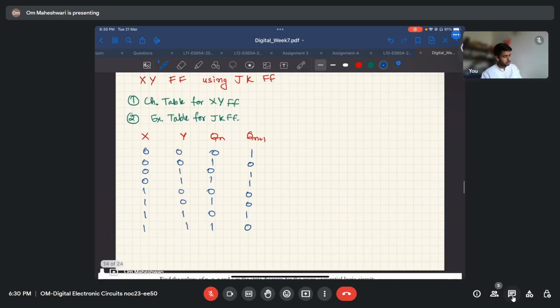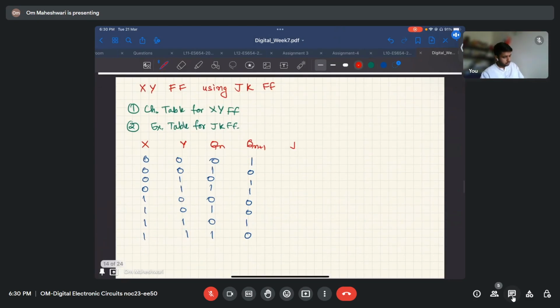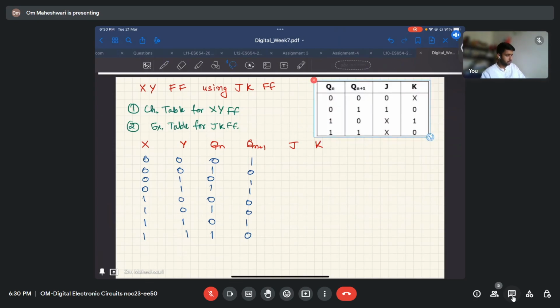Okay. Now we have to make the characteristic excitation table for JK. I have it copied.